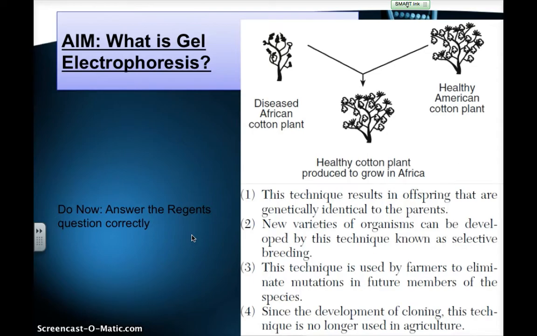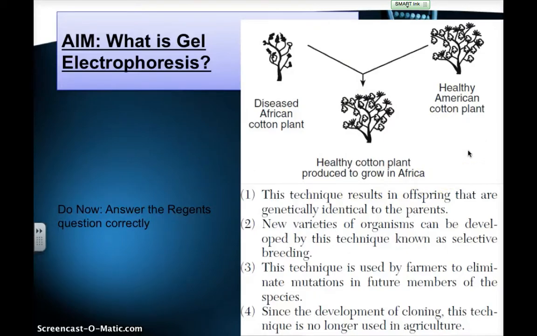In the question, you have a picture of two plants that are being brought together to create a new plant. You have the diseased African cotton plant and the healthy American cotton plant put together to produce a healthy cotton plant produced to grow in Africa.